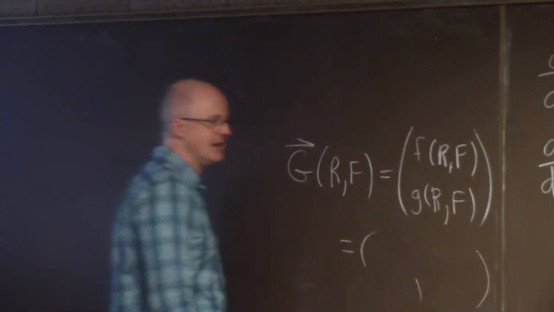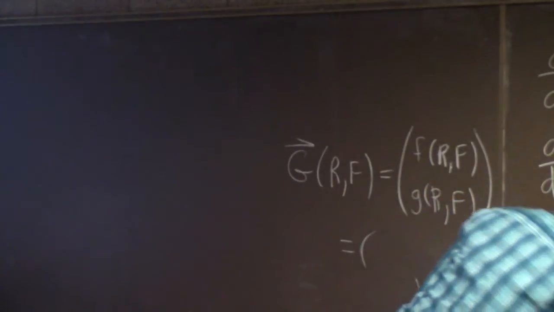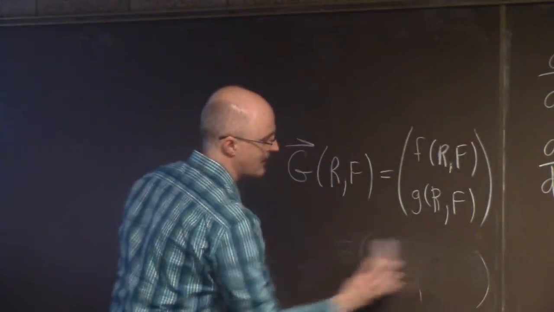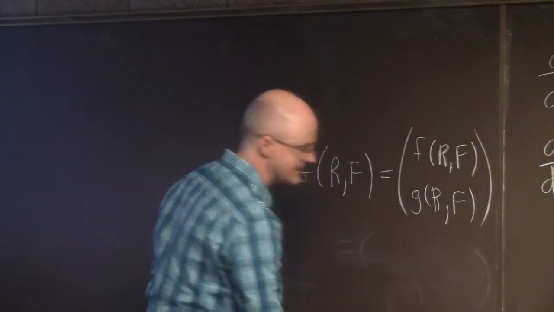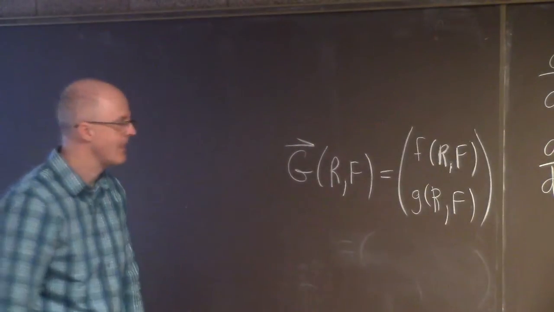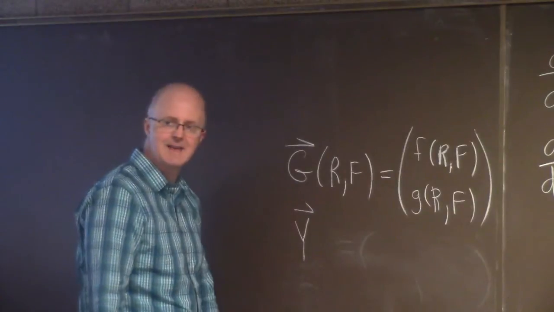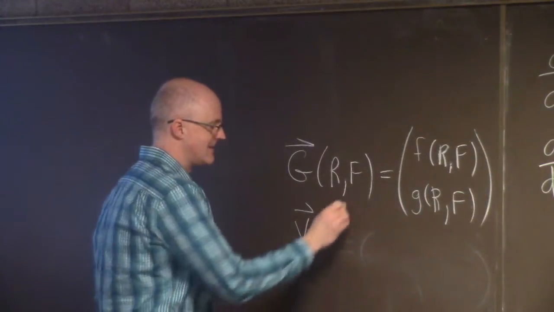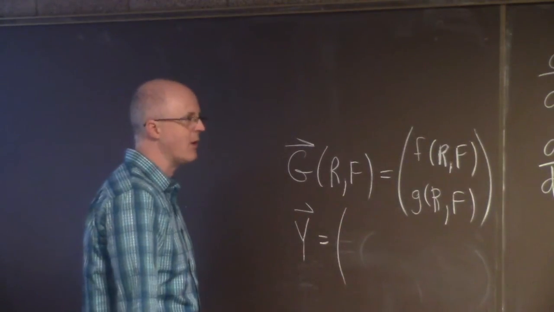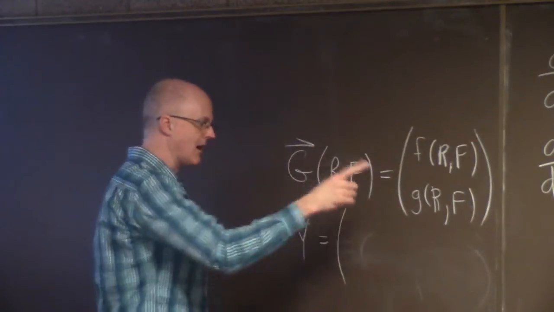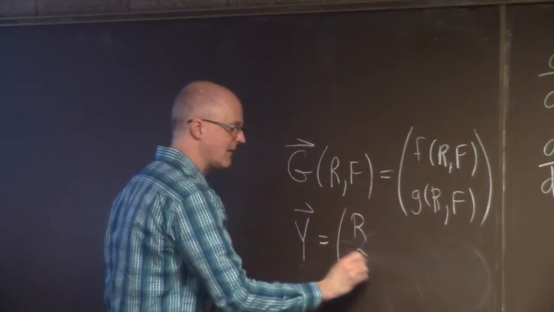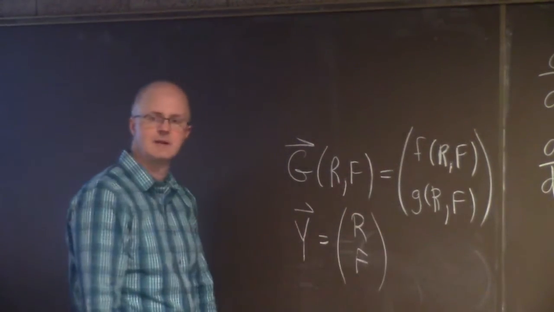And if I introduce yet another vector, I'm not going to bother writing it in row form. You'll see it in the book in that way. Call this other vector capital Y, whose components are capital R and capital F.